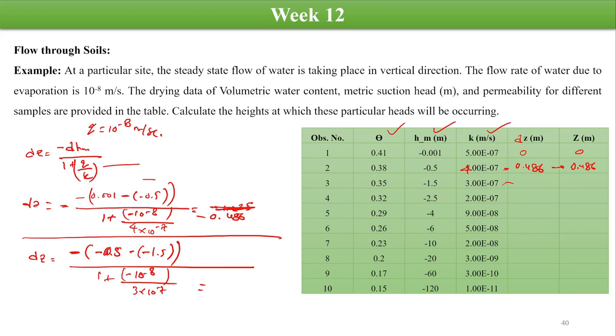So how much are we getting? We are getting minus 0.5 plus 1.5, that's going to be minus 1, upon 10 to the power minus 8, upon 3 into 10 to the power minus 7. Okay, 1 minus answer and 1 upon answer.